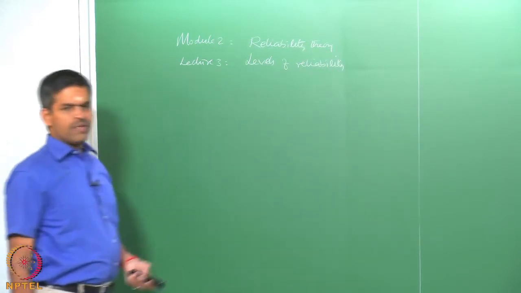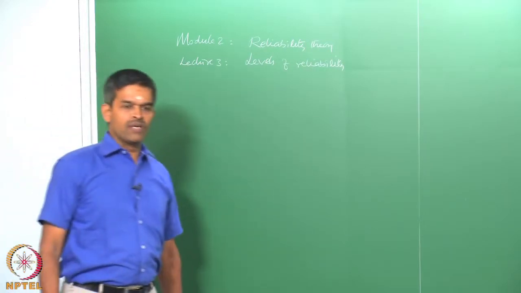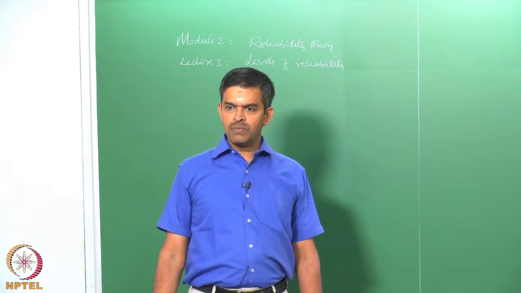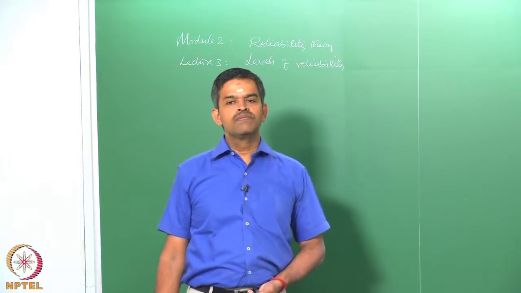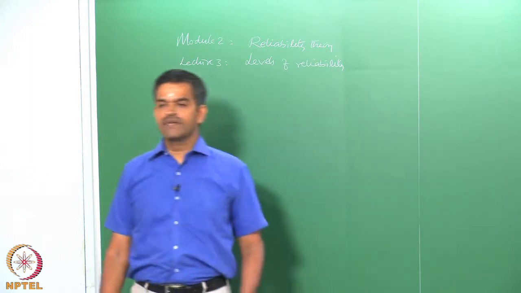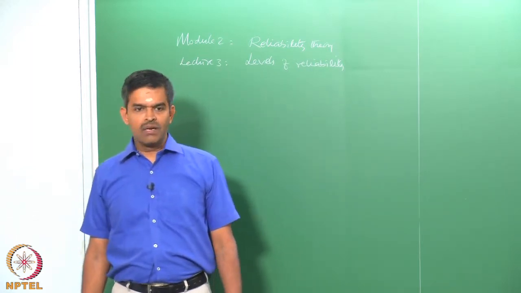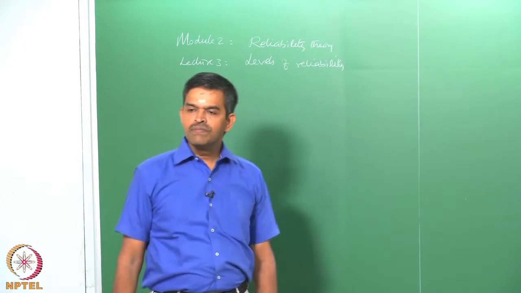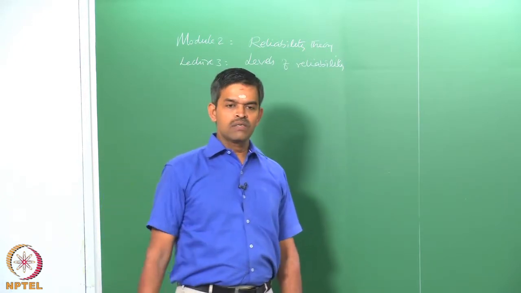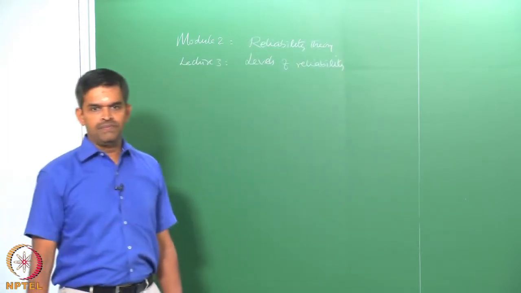So, in the last lecture we said that one should be able to identify the design point in addition to obtaining the reliability index. So, in statistical sense it means that I must be able to locate whether my reliability function or the performance function is lying in the safe domain or in the failure domain.